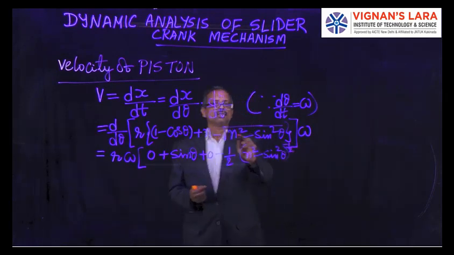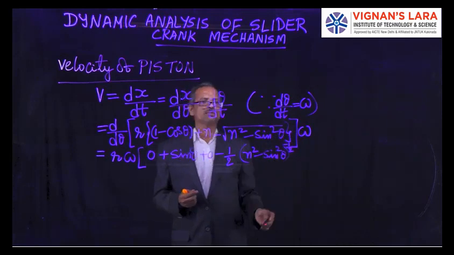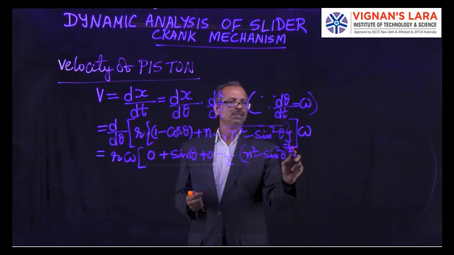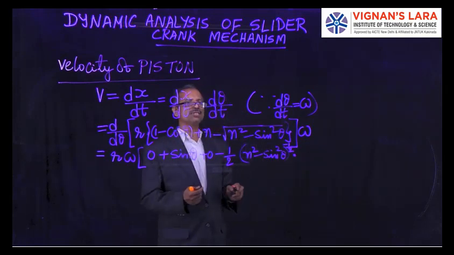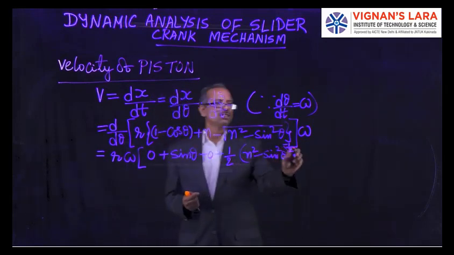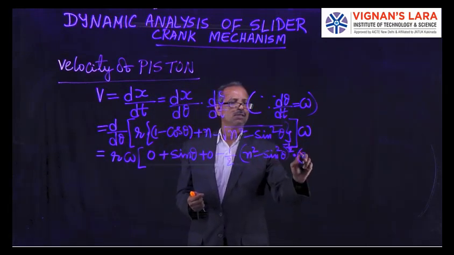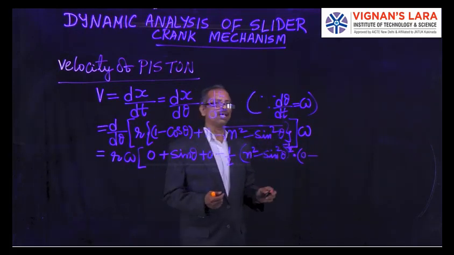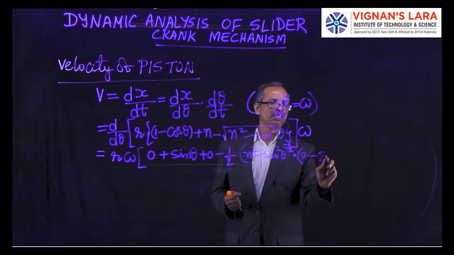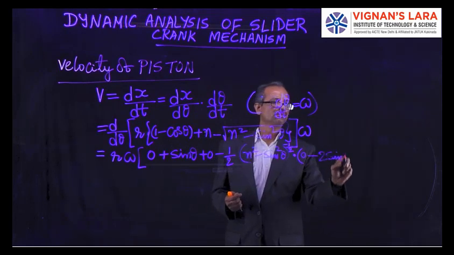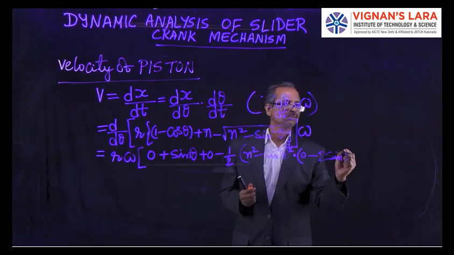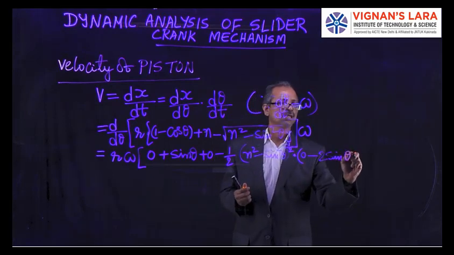Then the differentiation for the inner terms, that is n and sin theta. What is the differentiation of n? It is 0. Minus sin square theta, that is 2 sin theta cos theta.